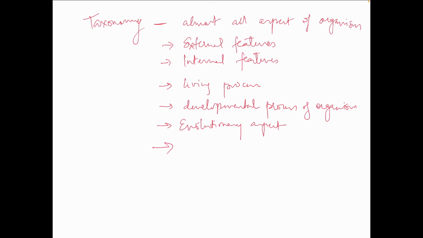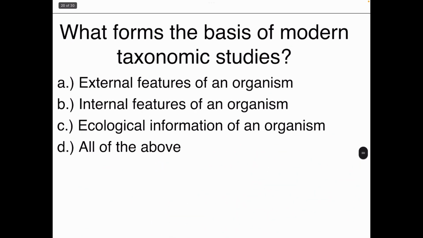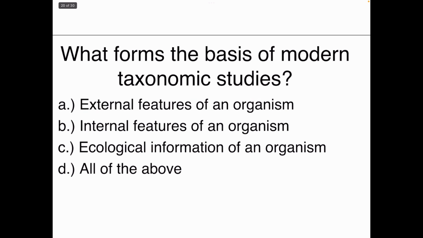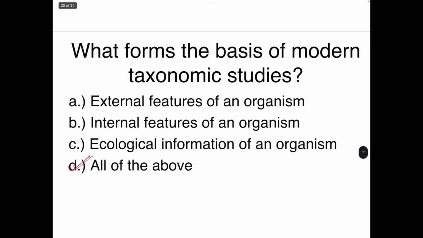And it takes into account the ecological aspect, how the organism is interacting with its environment. We take into account everything to classify an organism into a category. Therefore the correct option here is option D, all of the above. No confusion about this. Let us move to our next question.